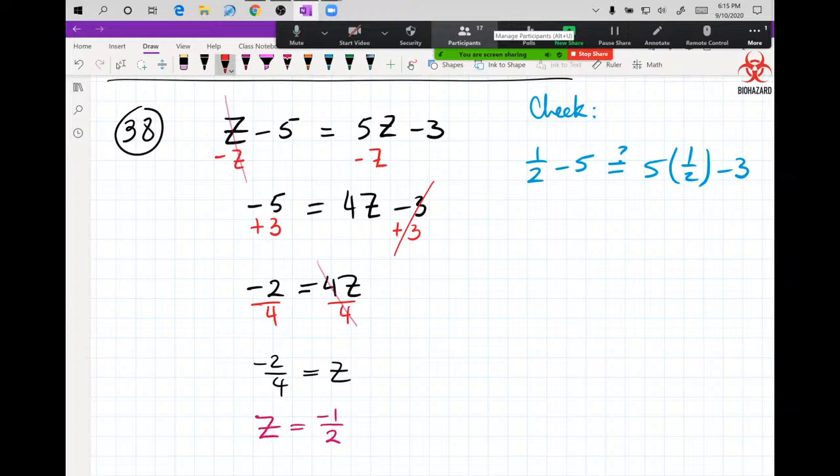It's a -1/2, yes. Oh, you mean when I plug things in? Yes, we plug in -1/2 everywhere. Correct.